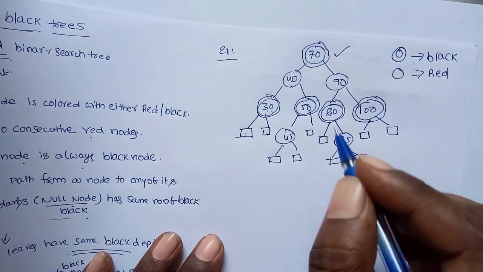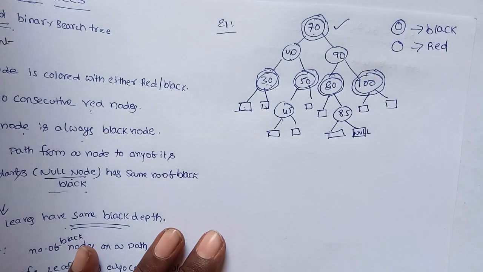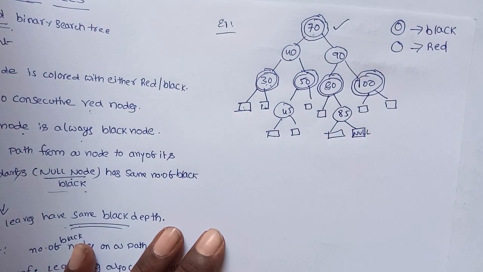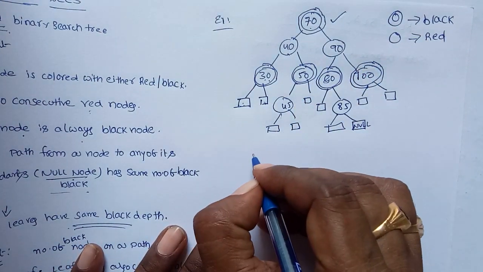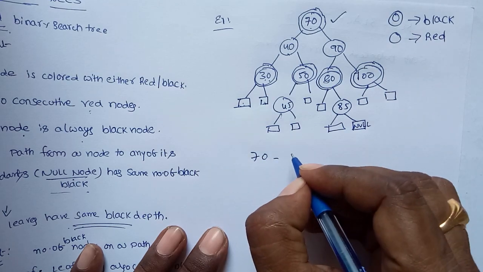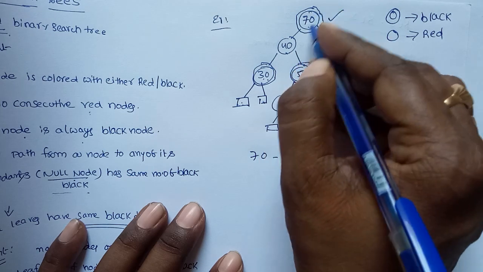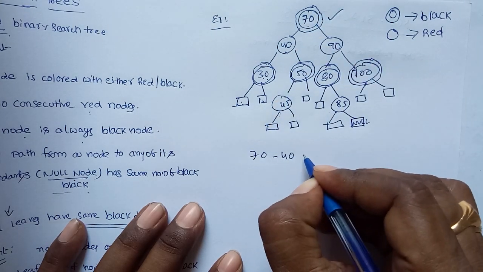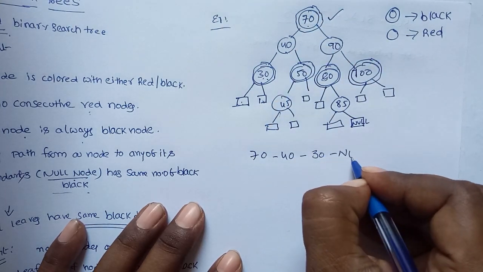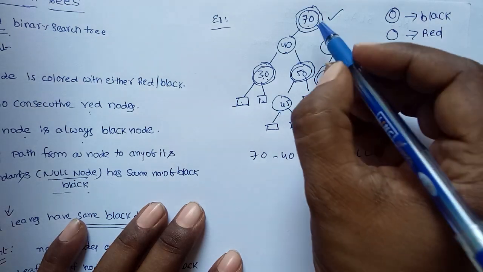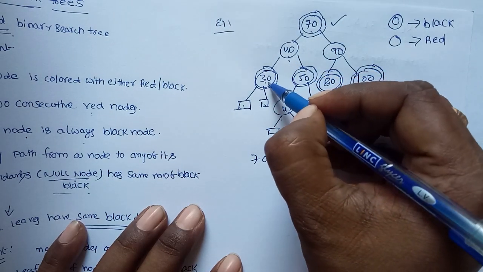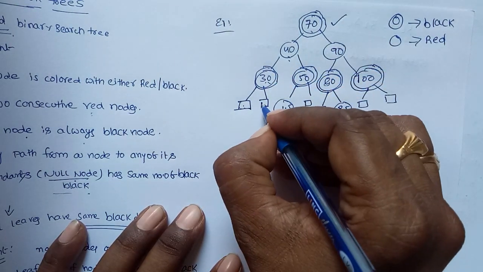Next one, a very important point, is to calculate the depth. Suppose consider the path 70 to 40, 40 to 30, and 30 to some null node.